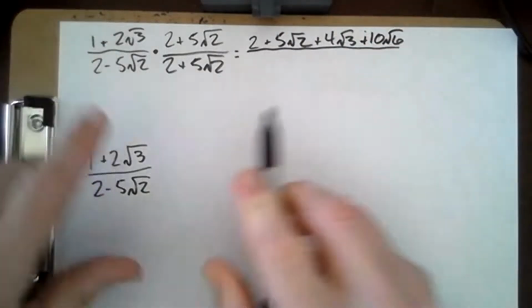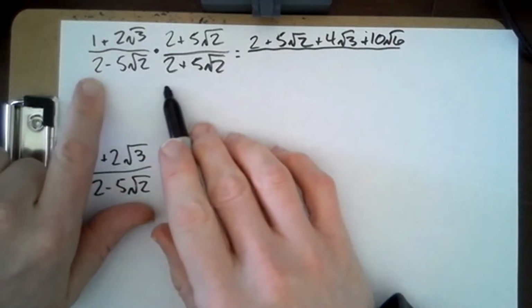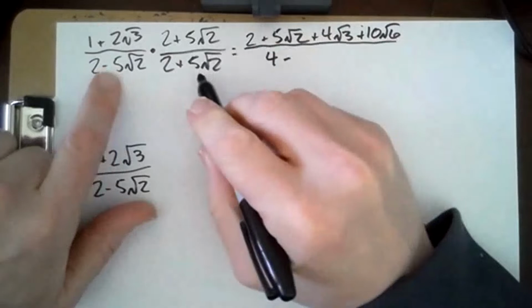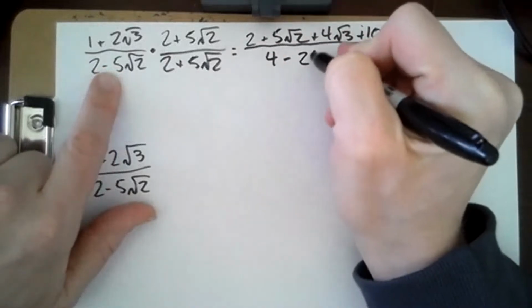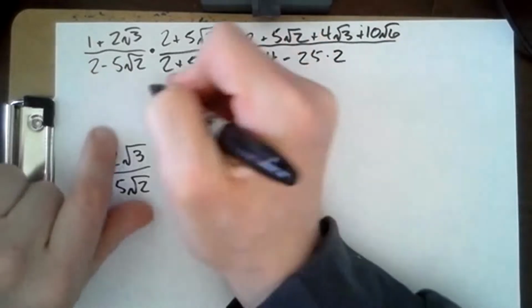Over, and now we're going to make a difference of squares. We've got 4 minus 5 squared, 25, times the square root of 2 squared, which is 2.